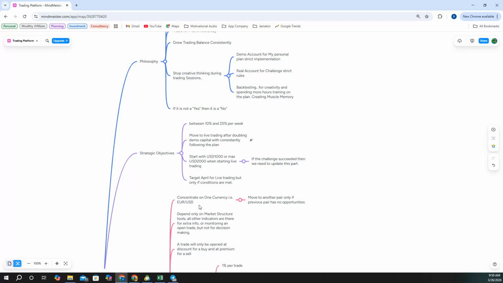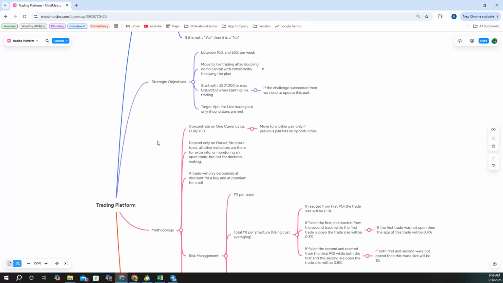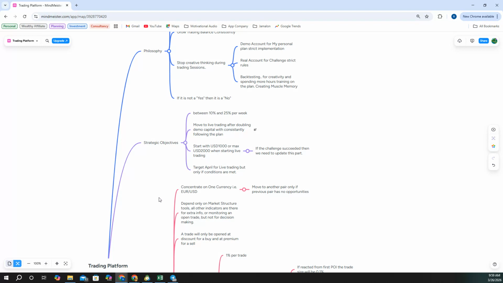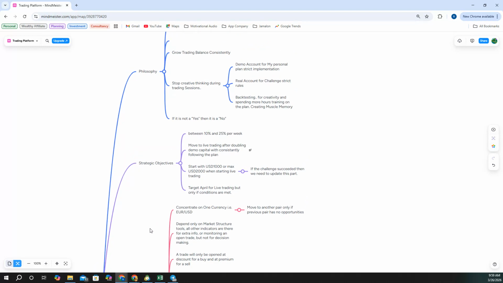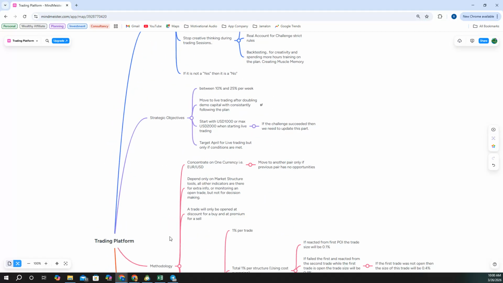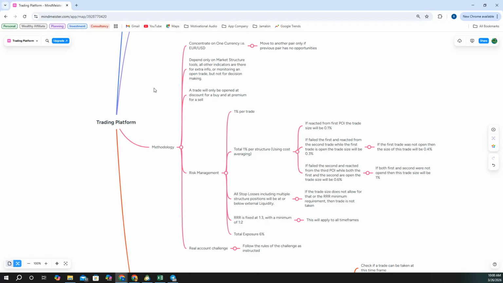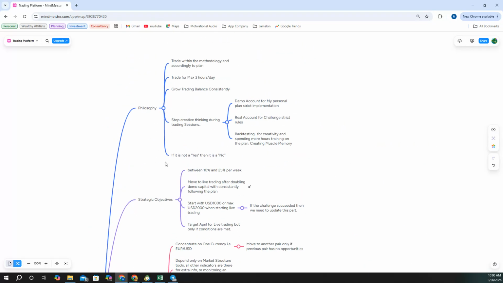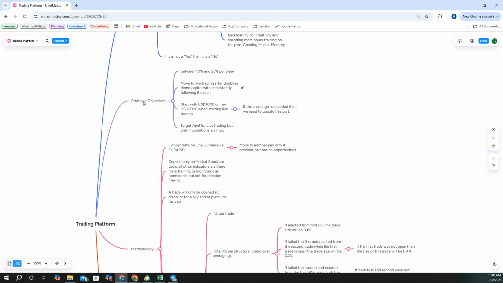We need to take a look at this and see if this will help us achieve that. And the philosophy is doing everything under these guidelines, so all this below needs to be done with the spirit of this philosophy.